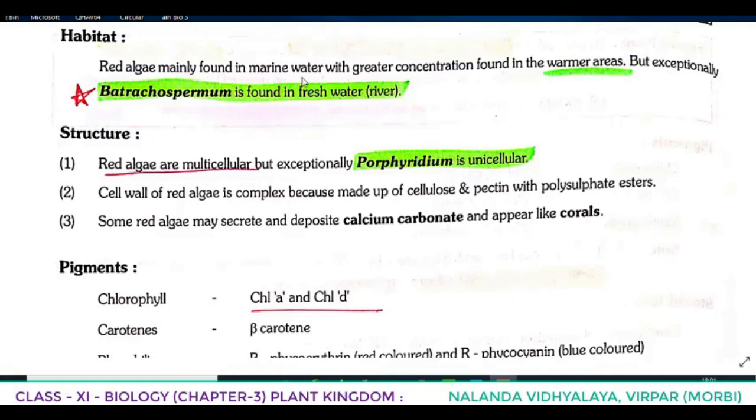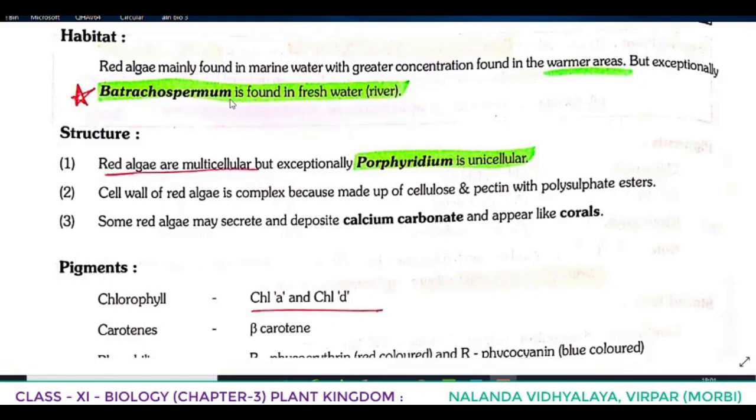They are the red algae found in fresh water or river. But the greater concentration is found in marine water in the warmer areas. But exceptionally, in fresh water or river also they are found, and it is known as Batrachospermum.